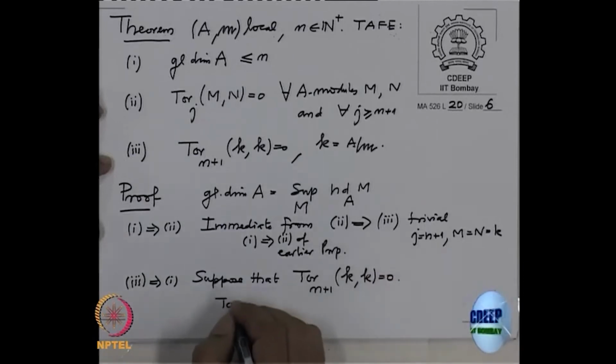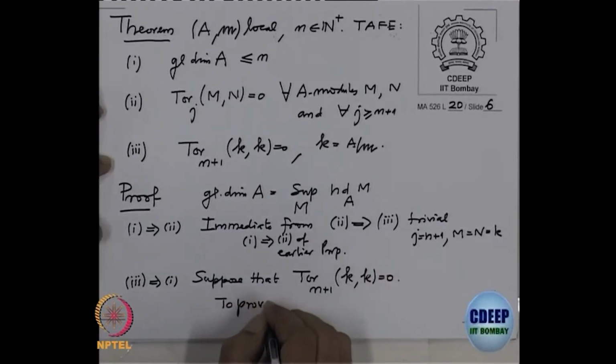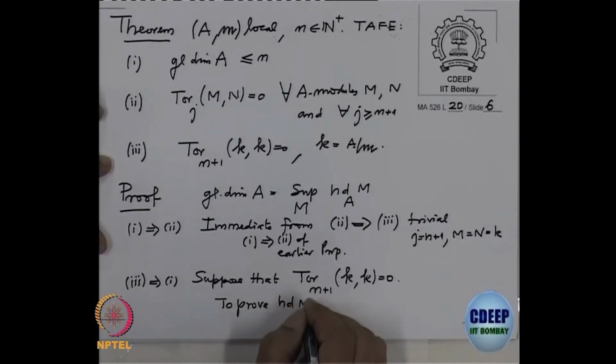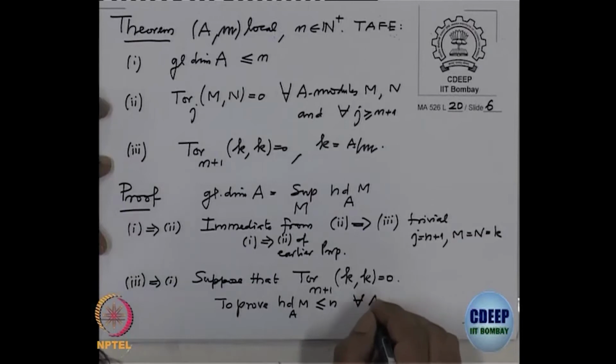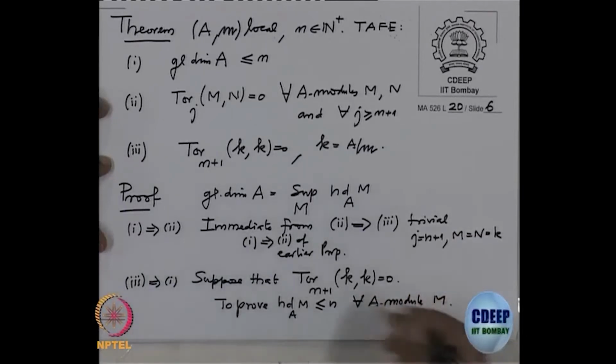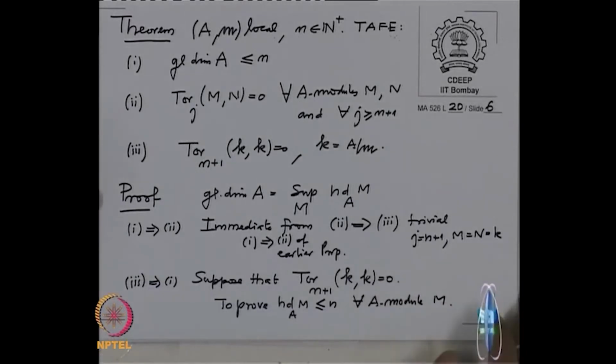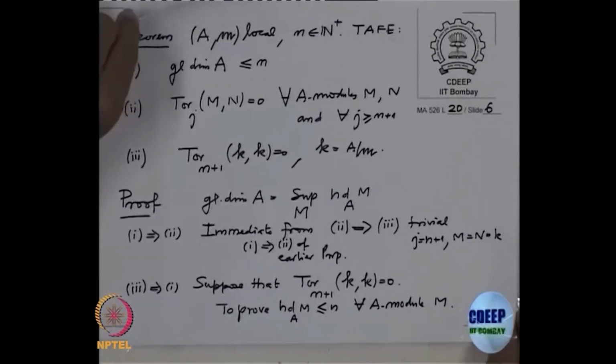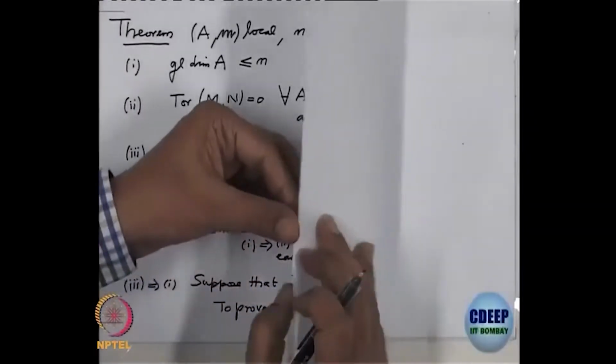To prove the homological dimension of M is less than or equal to n for every finitely generated A-module M.